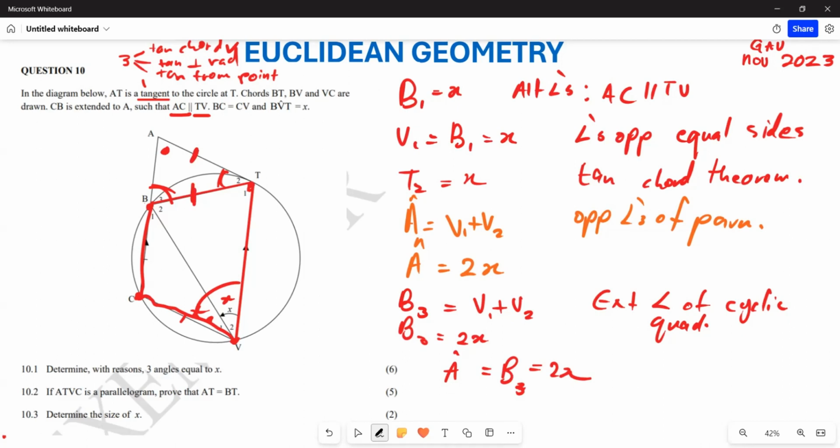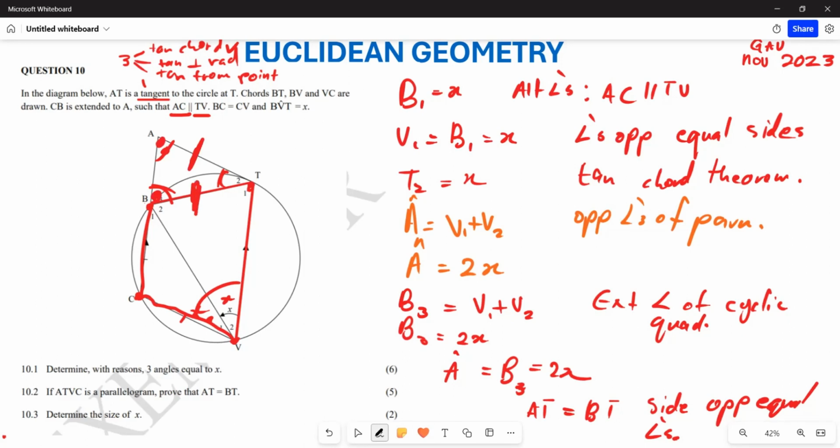So my AT is going to be equal to my BT. Why? These are sides opposite equal angles altogether. So basically that is that. Because this particular angle here is equal to this angle, this particular line here is going to be equal to this particular line here.